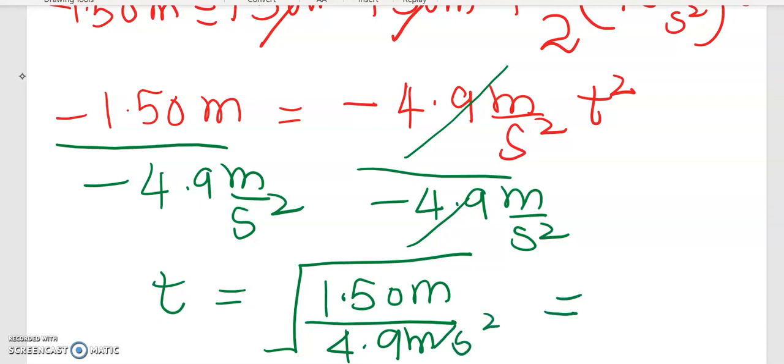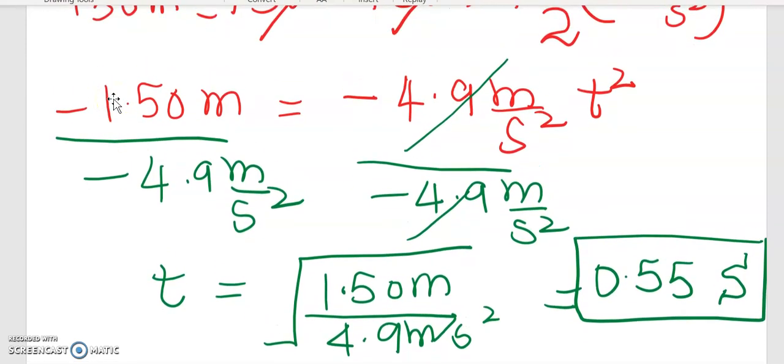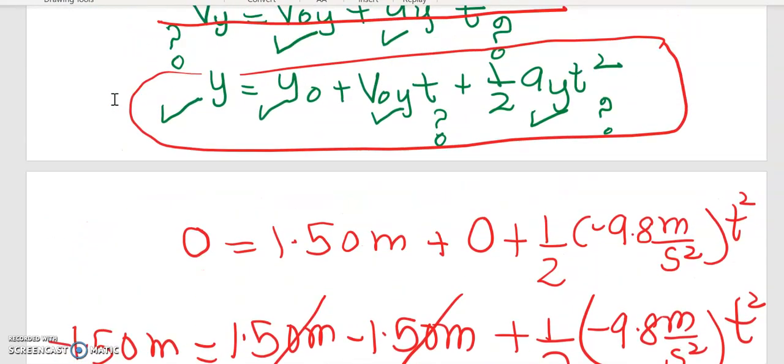You can see you have negative on the top and the bottom. It will cancel out. We solve for this. Square root of 1.5, you get 0.55 seconds. I accept the positive answer because time is a scalar quantity. It can never be a negative value. So that's it for question 3.